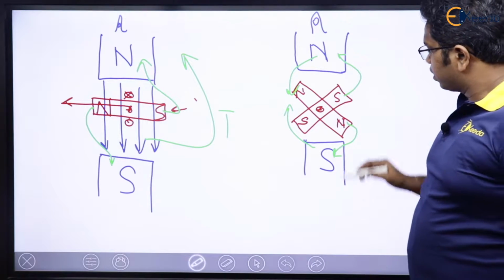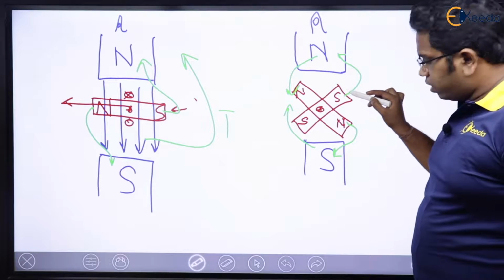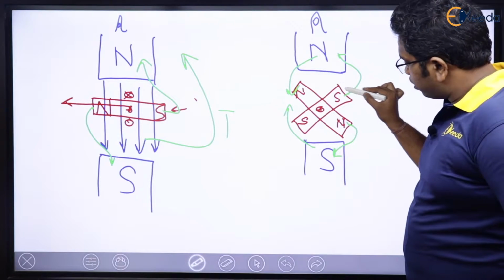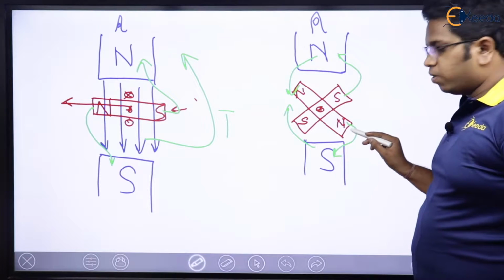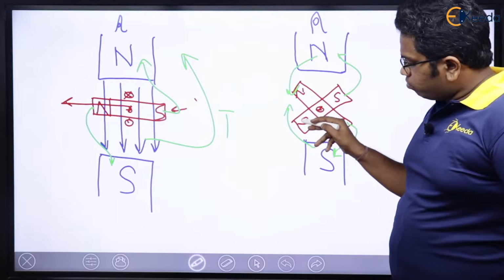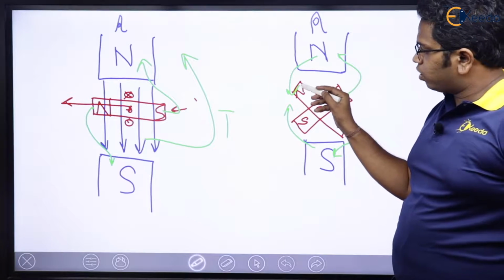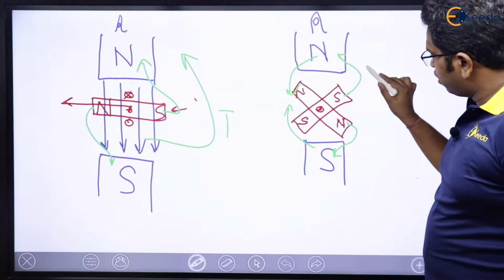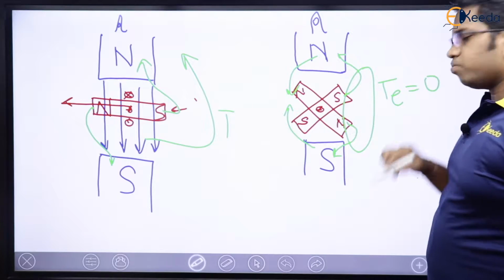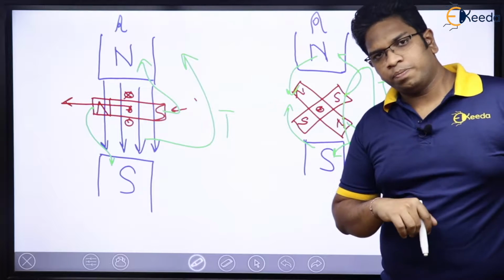Now see, what is happening? This portion of the rotor is trying to move upward. Torque in this particular portion is upward. In this particular portion it is downwards. In this portion torque is upwards, and in this portion torque is downwards. Which means net torque is 0.